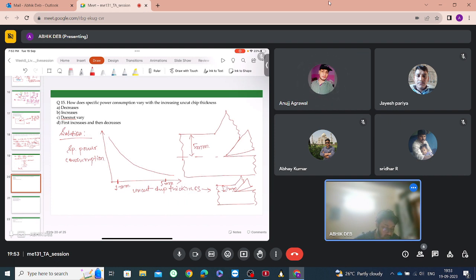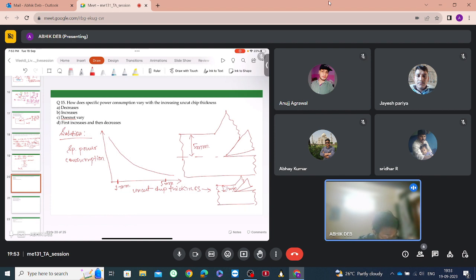Yeah, 5 cuts. So we can assume that the shearing work required for this 5 mm thickness will be equal to 5 times that required for 1 mm. This is just an assumption.